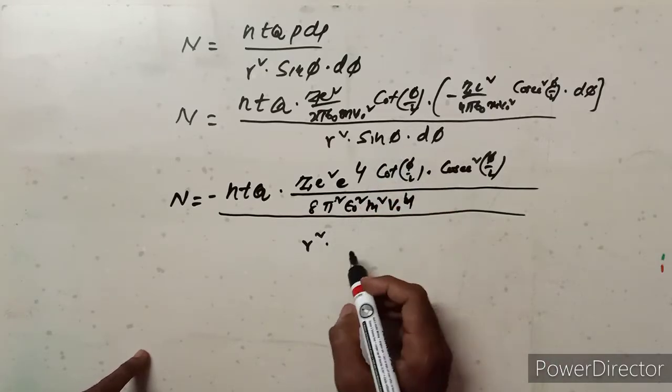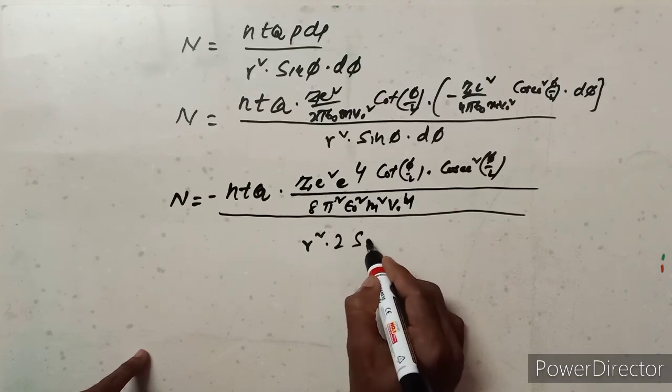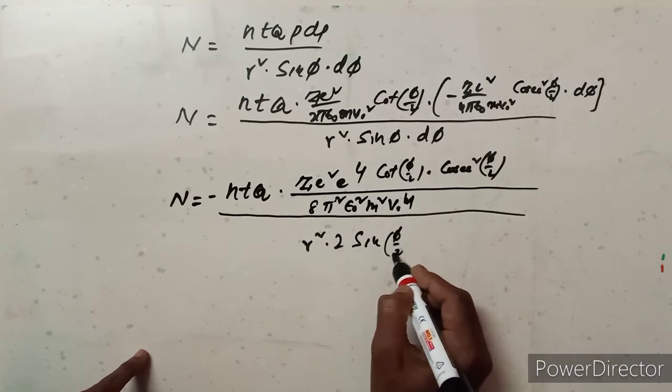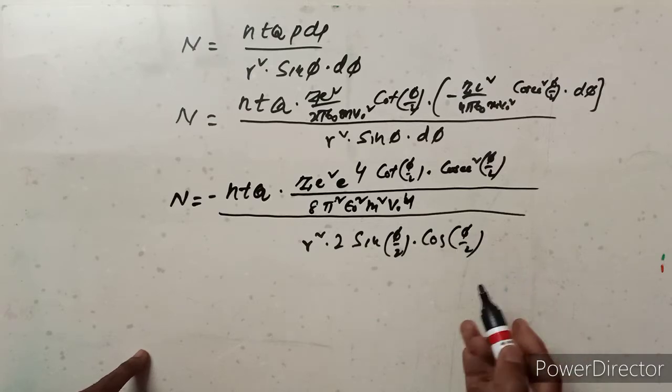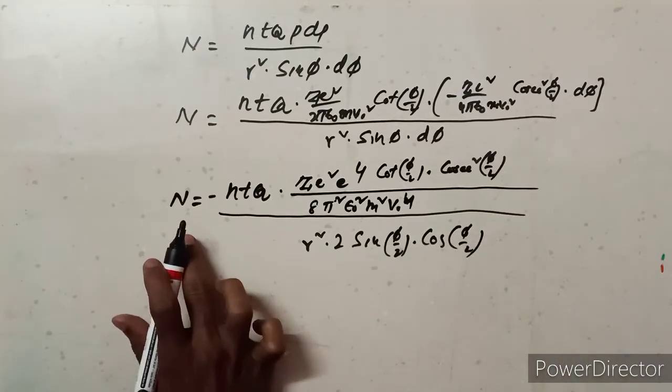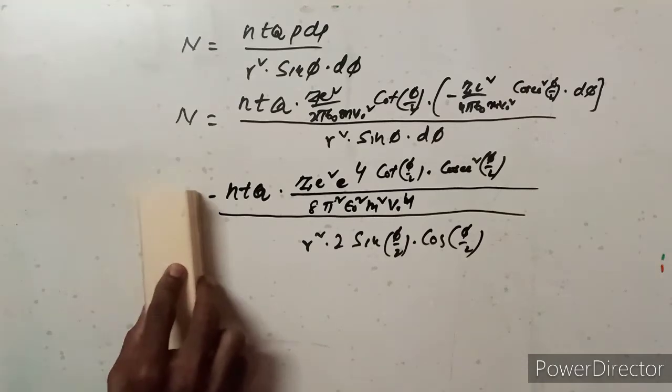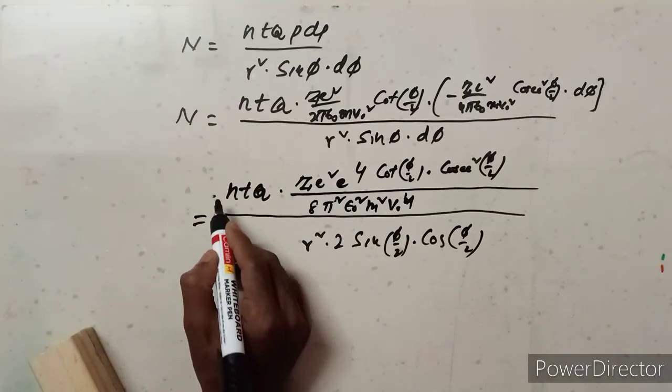What is sin phi? Sin phi equals 2 sin phi by 2 cos phi by 2. This is the scattering formula. This is the correct way.